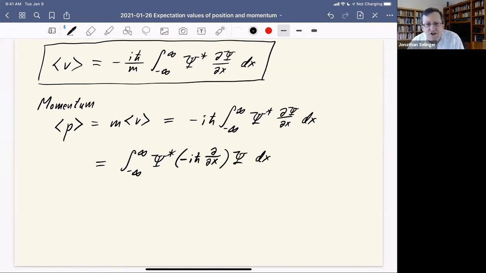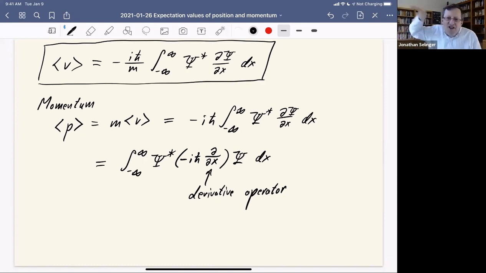integrated dx. Here you can see this thing is a derivative operator, and an operator always operates on something. The thing that it operates on is whatever is to the right.